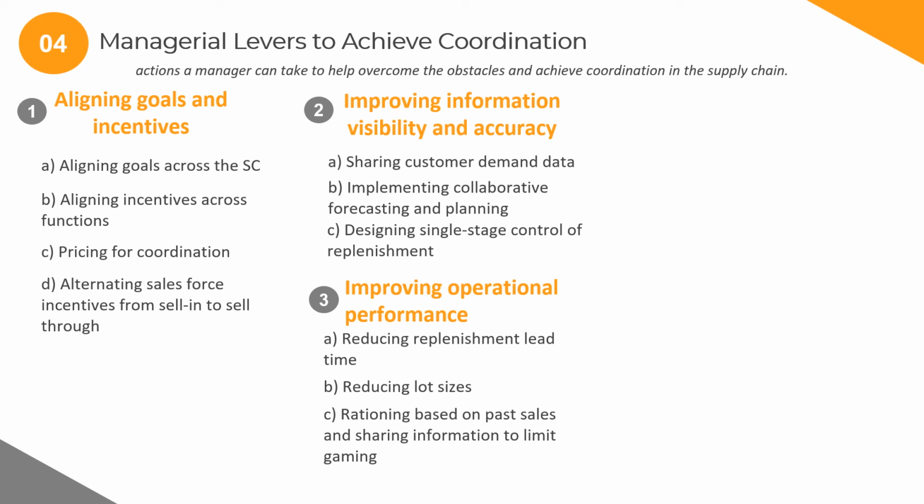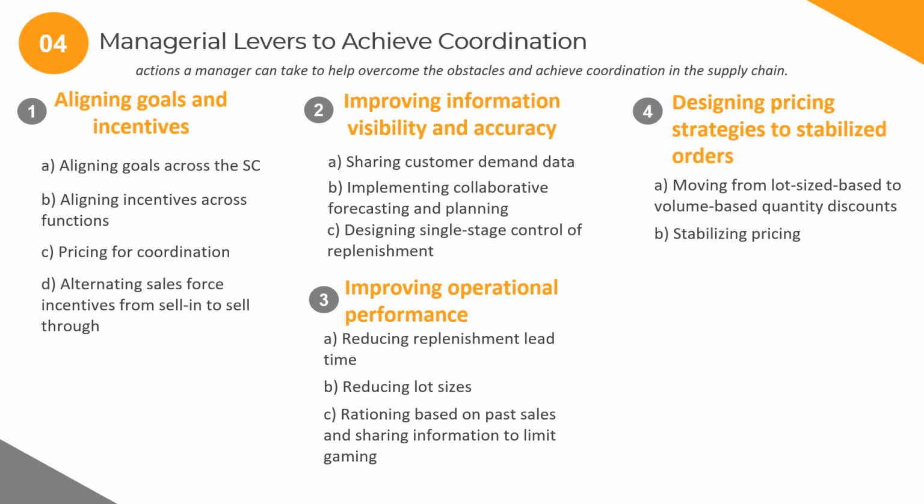And then the third one is rationing based on past sales and sharing information to limit gaming. And then the fourth one is designing pricing strategies to stabilize orders. That is, by moving from lot size based to volume based quantity discounts. And then the second one is stabilizing pricing.